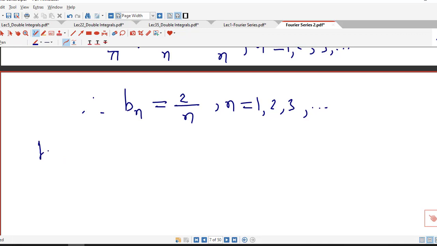And we can now write half range sine series or Fourier sine series.